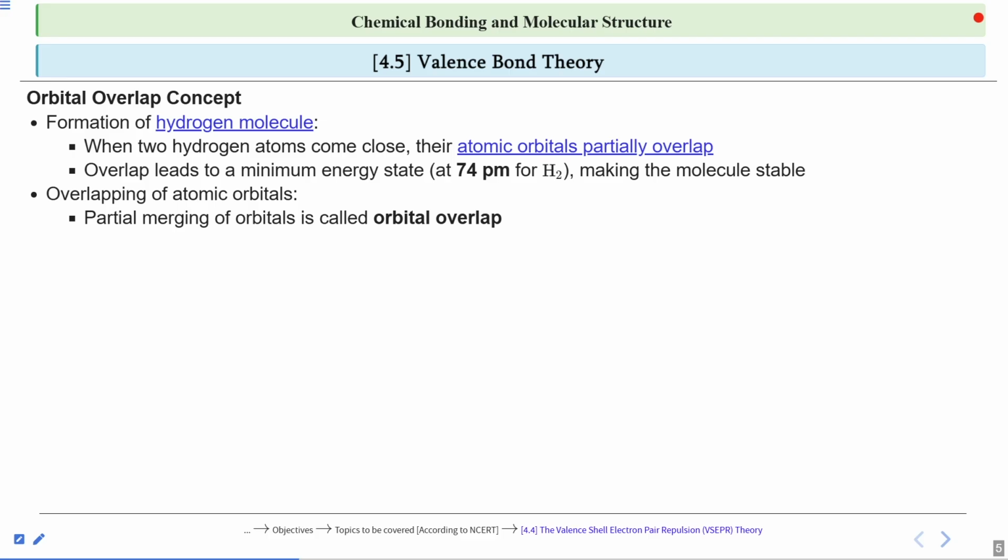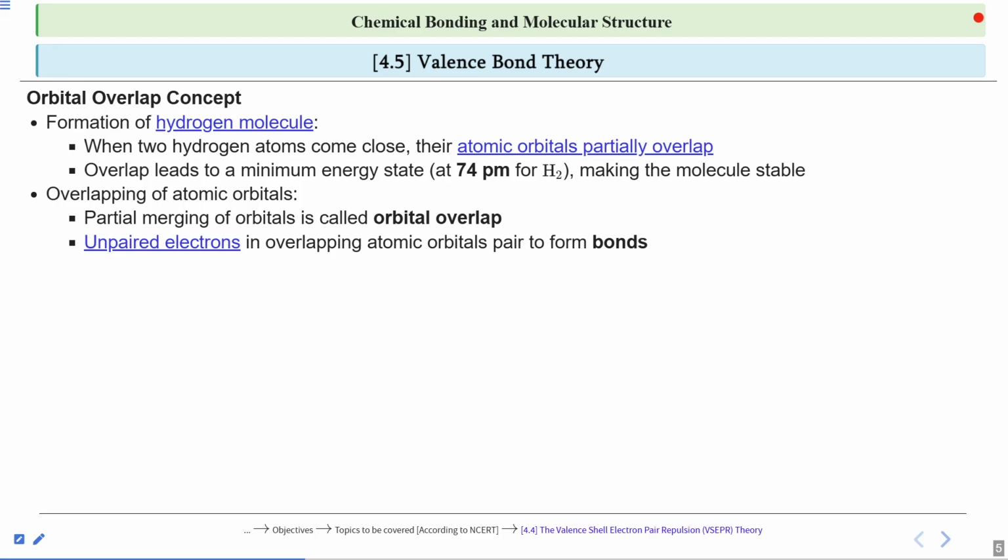A part of one atomic orbital will merge with a part of the other atomic orbital, and that will result in a bond. You will understand this when you see the diagram, which will come in the upcoming slides. For right now, you should remember that partial merging is the reason behind the formation of the bond, which happens as a result of orbital overlap.